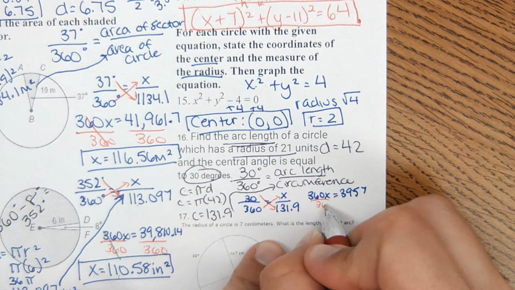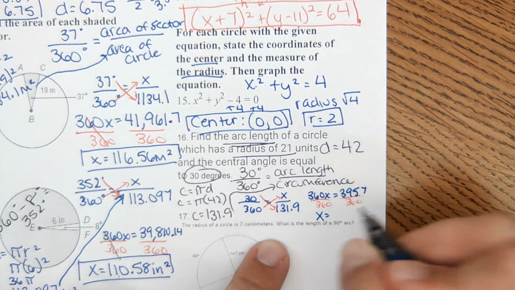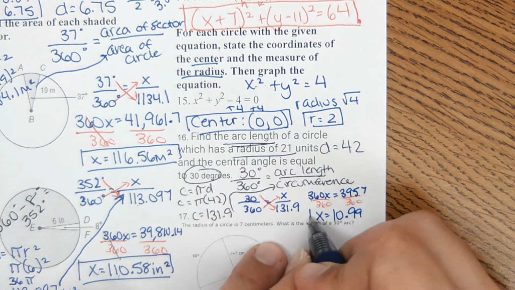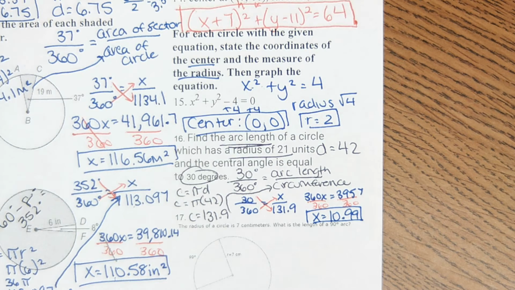Then divide both sides by 360, and x equals 10.99. I know, not enough space on that one.